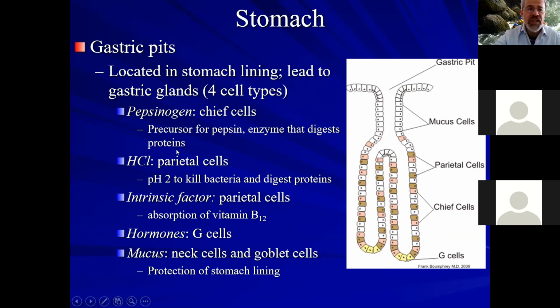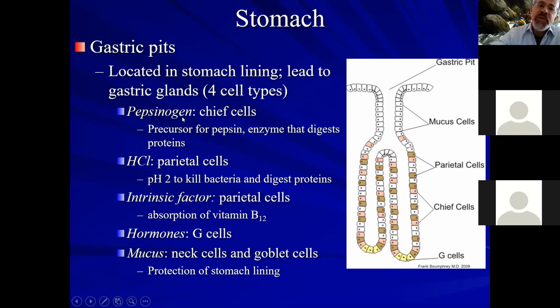Within the gastric glands, we have very specialized cells. First of all, we have what are called chief cells. These cells are responsible for producing the precursor enzyme called pepsinogen. It's a precursor because it's not an active enzyme. In order for the enzyme to be activated, pepsinogen is converted into pepsin, and this only happens when there's food in the stomach.